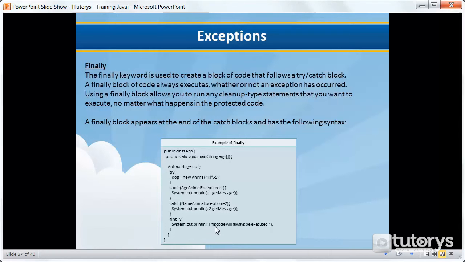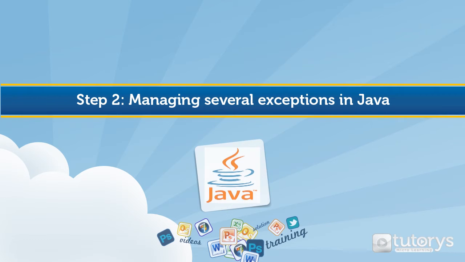And just to represent that, we've printed out this sentence: this code will always be executed. So that's the theory behind the finally keyword and how to use several exceptions in the same program. In the next step, we're going to apply this to a practical example in Eclipse.